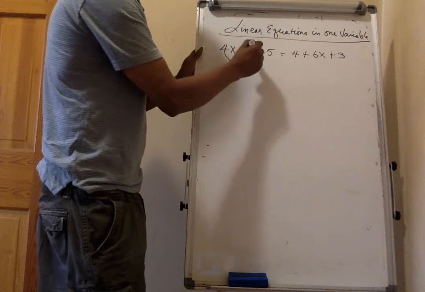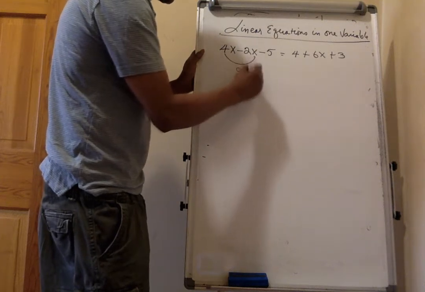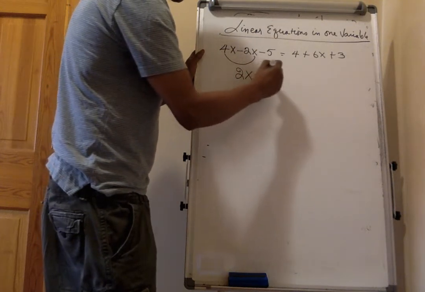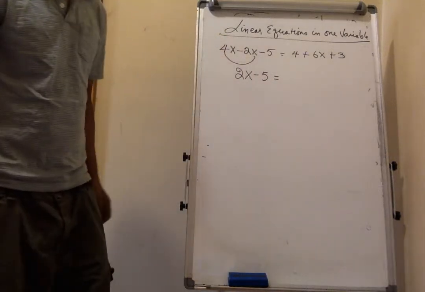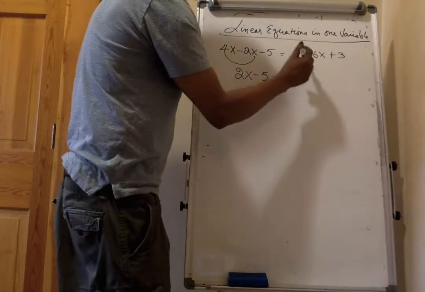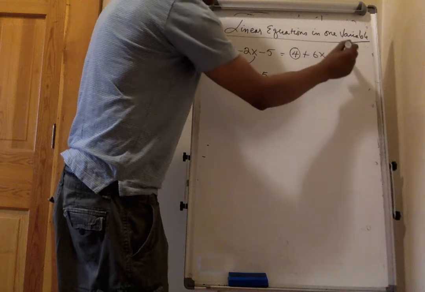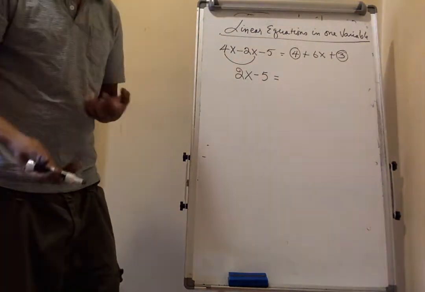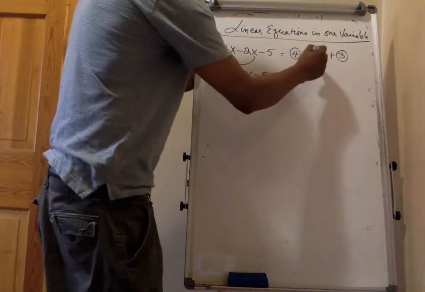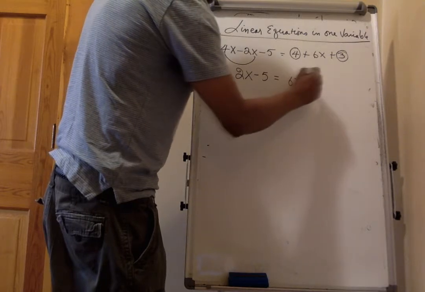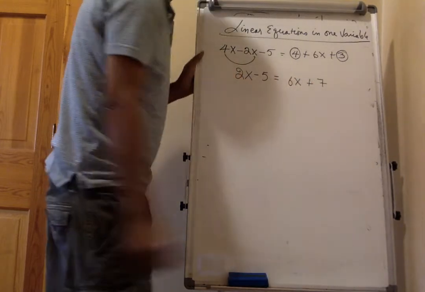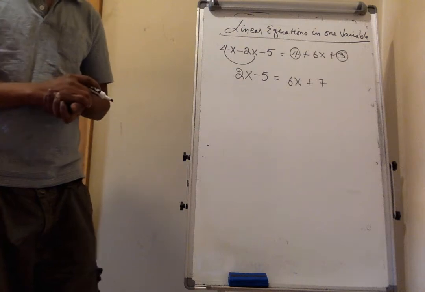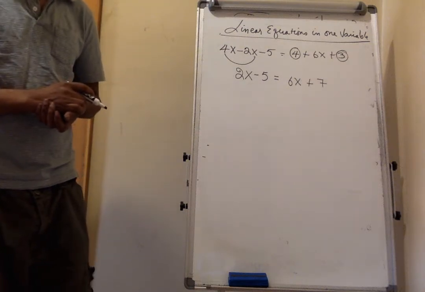So 4x minus 2x will give us 2x minus 5. And in my second expression, 4 and 3 are constant numbers, so I can combine these two. So I'm going to write 6x plus 7. 2x minus 5 is equal to 6x plus 7.